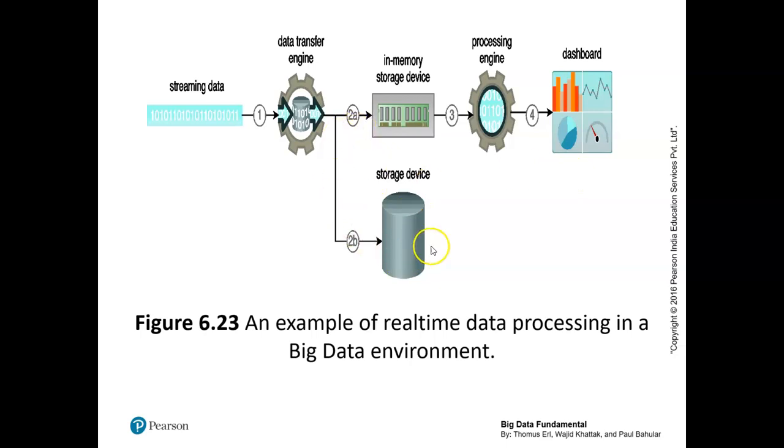You can also fetch the data from the storage device. Usually in computer science the data is fetched from the storage devices into the memory, which is the RAM. So this is basically RAM, random access memory, and this is your storage, the hard drive.